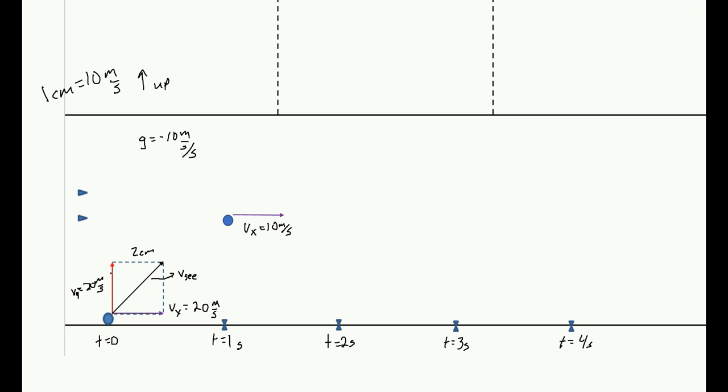So this vertical velocity of 20 meters per second is going to change by 10 meters per second, and it's going to change by slowing down, because our velocity is positive and our acceleration is negative. They're in opposite directions, so we should get a vertical velocity vector of 10 meters per second.